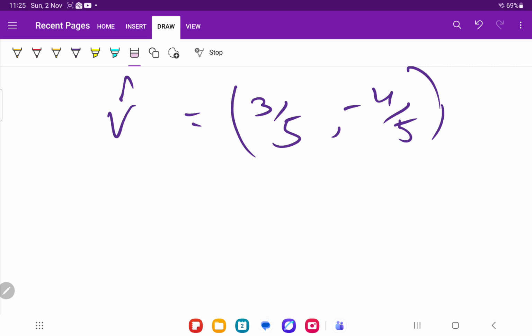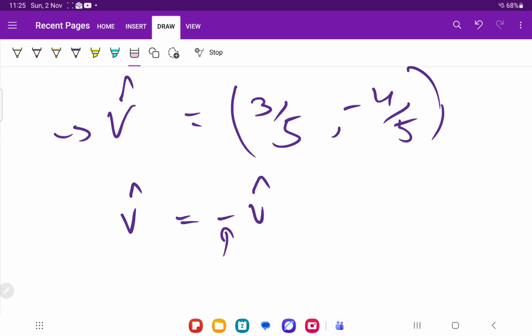So if you want a vector in the opposite direction of v, simply you will multiply v hat with minus. So that is the definition of opposite direction. When the direction is opposite, two vectors are equal but opposite in direction with this minus sign. That is indicating that two vectors are equal but opposite in direction.